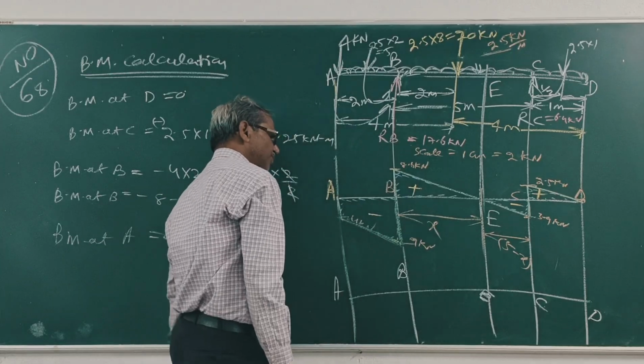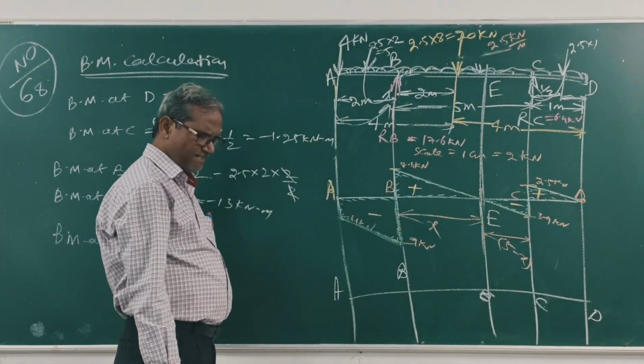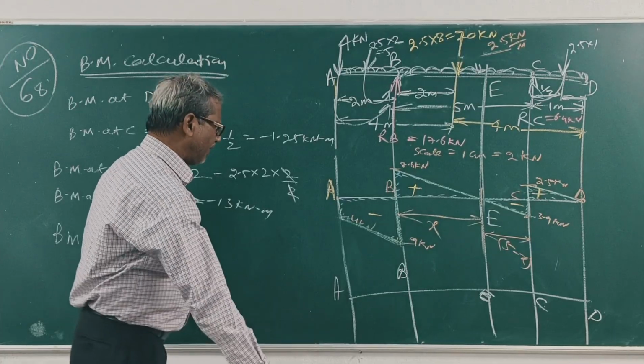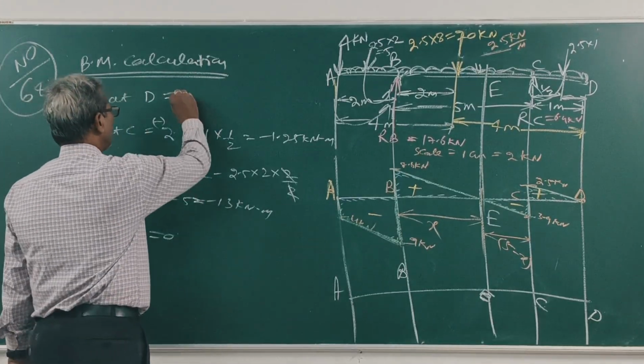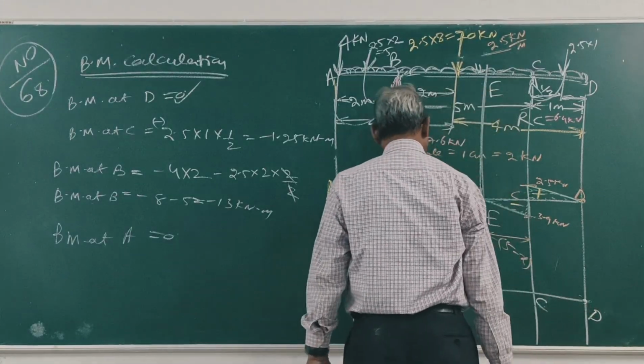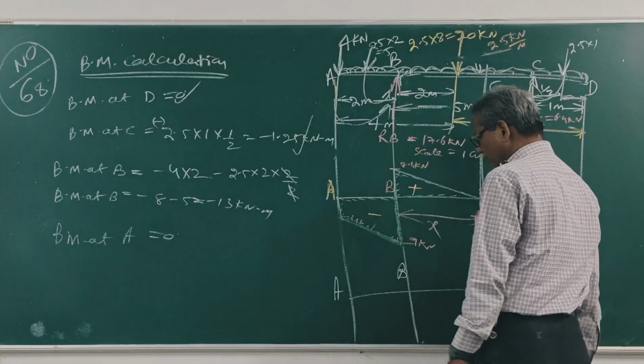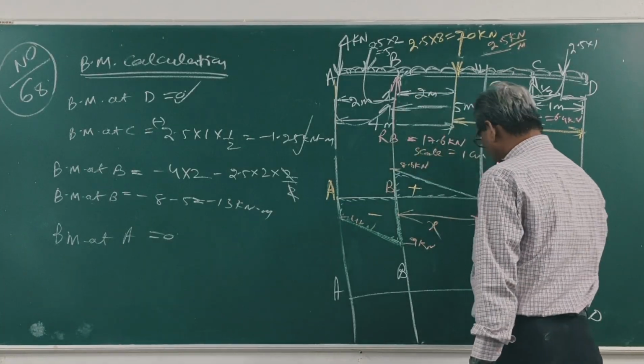Clear? Now BM at D is equal to 0. At C is equal to minus 1.25. Clear?